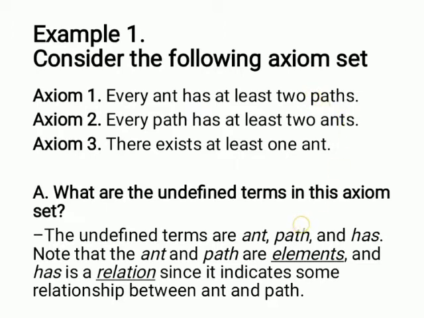So, ginamit din ang word na has as an indication sa relationship ng ant and sa path. This ant, or in Tagalog, langgam, at saka yung path nila, yung daanan. So, bali ito ang gagamitin nating axioms sa pag-prove sa mga tanong later on.